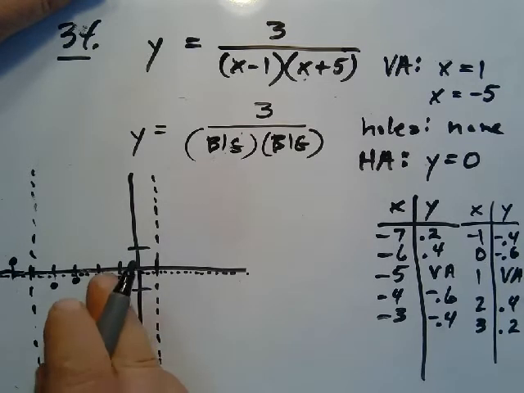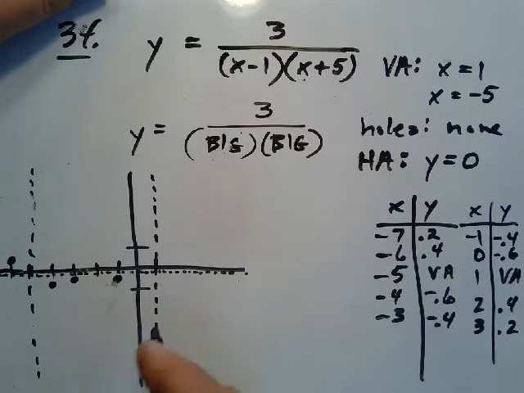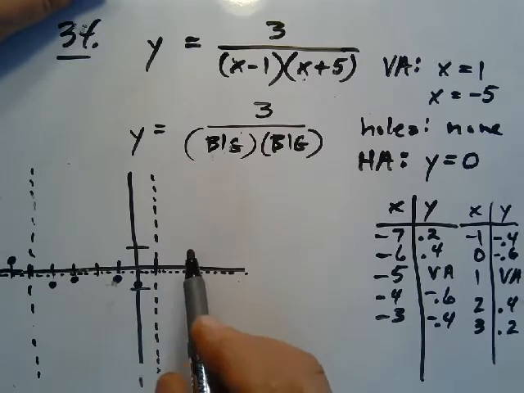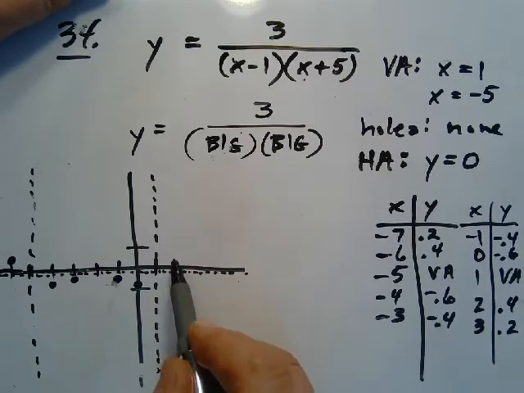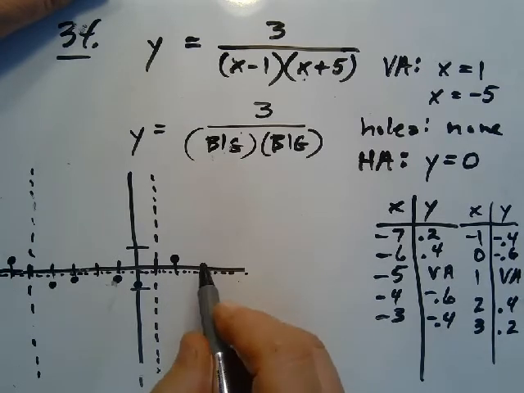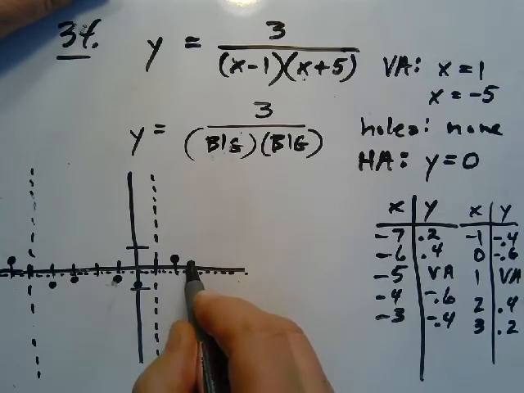Oops, right about there. And 0 goes to negative 0.6, right about here. Then finally 2 goes to 0.4. And 3 goes to 0.2.